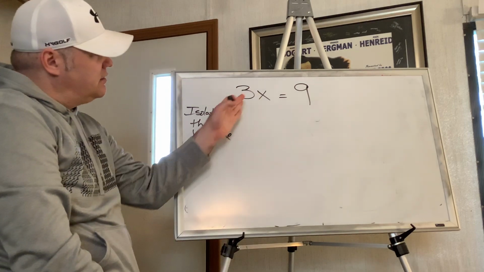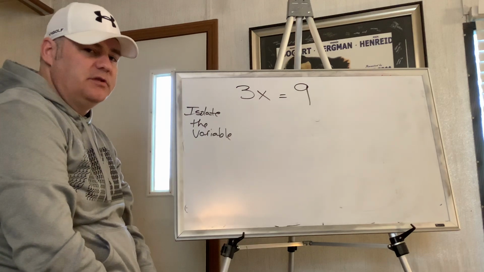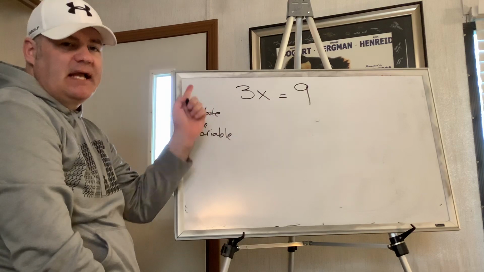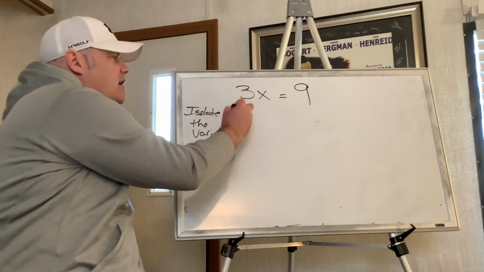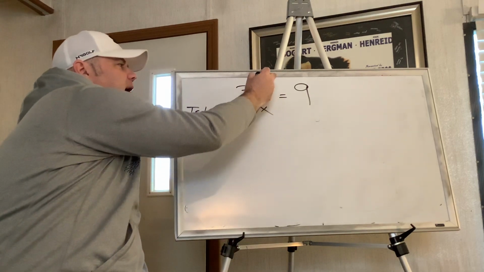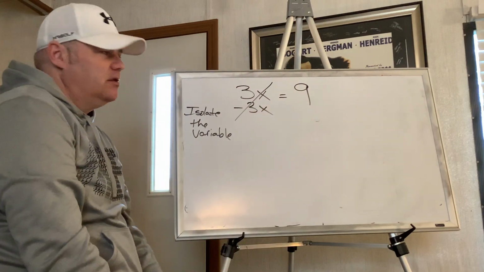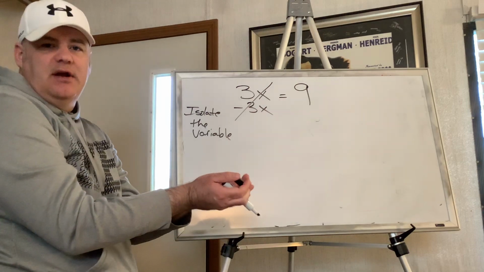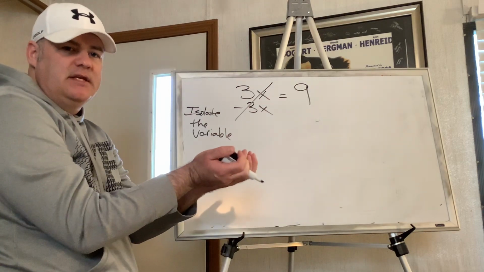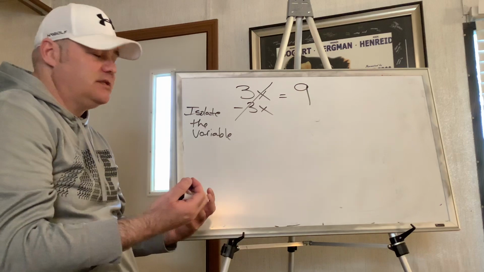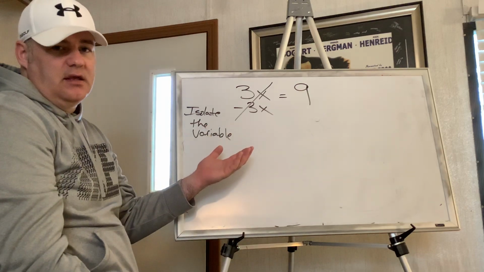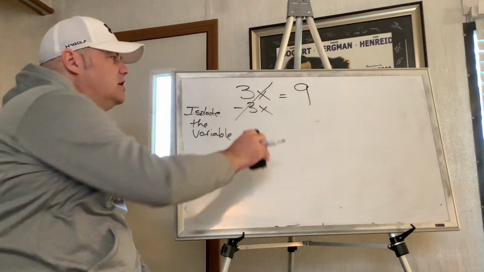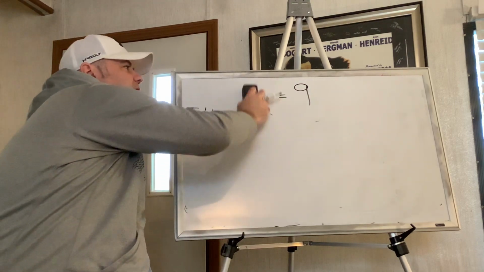The only difference is when it's a multiplication or division problem, you don't want to subtract 3x, because if I subtract 3x, what happens? Everything disappears. 3x minus 3x is 0. If you have three x's in your hand, and you take those 3 x's away, you're left with nothing, not even the variable. So you can't do that.